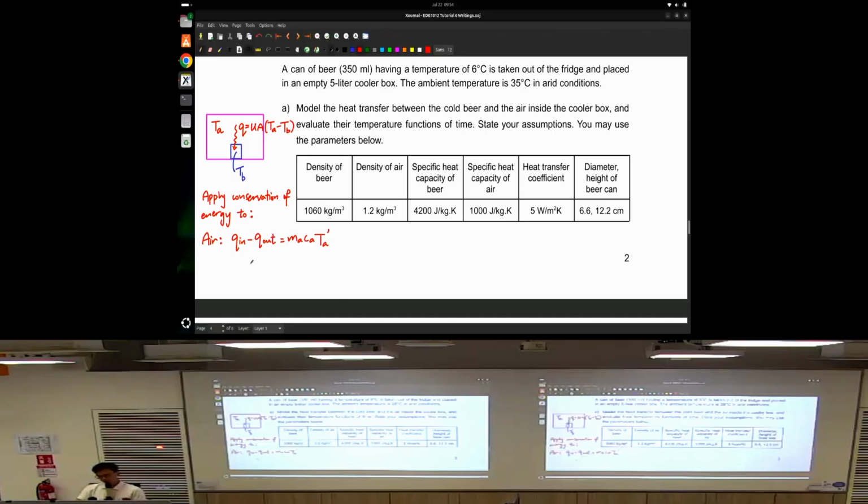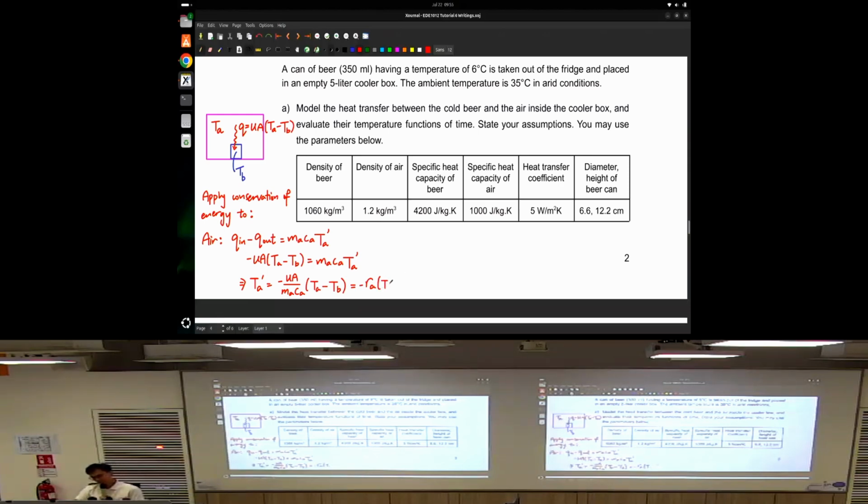There is no Q in, and the Q out is just UA times TA minus TB. So you get minus UA times TA minus TB equals the right-hand side. It's not the air that is gaining heat, the air is losing heat. If you isolate TA prime, it is minus UA over M_A C_A, multiplied by TA minus TB. So I call it minus R_A times TA minus TB.